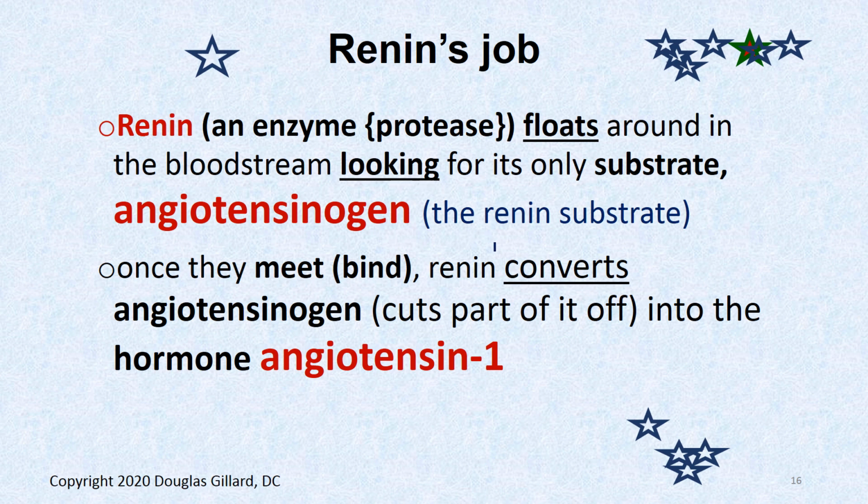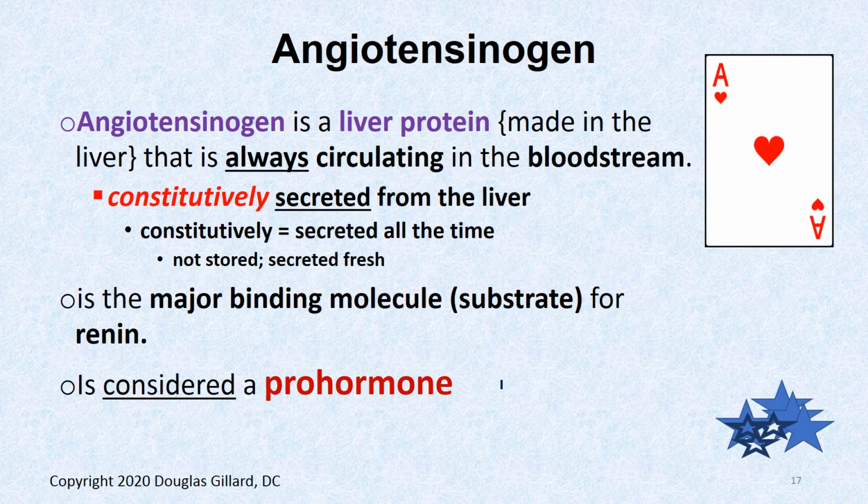But it's looking for renin, and renin chops off its tail when they bind together, and it creates a short form of angiotensinogen. And that short form has a different name, and that's called angiotensin 1. Right? So that's what renin does. It chops off angiotensinogen and creates angiotensin 1.